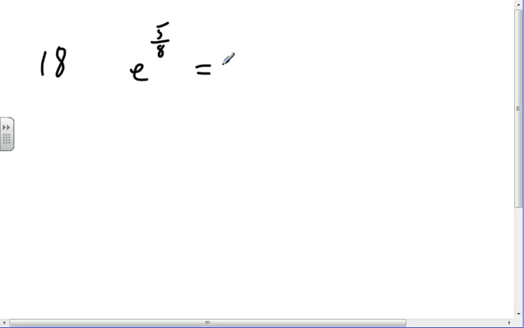So e raised to the 5 divided by 8. 1.87. Let's just hope questions like that are all over the chapter tests and the quizzes. That'd be really great, wouldn't it? Even Enrique could pass a test like that.